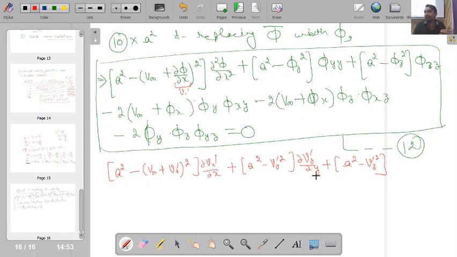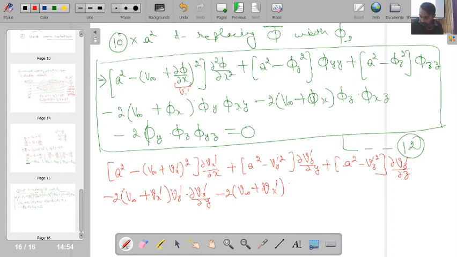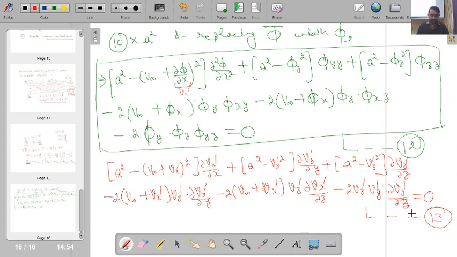So I am just doing substitutions from phi to velocities. Say this is equation number 13.